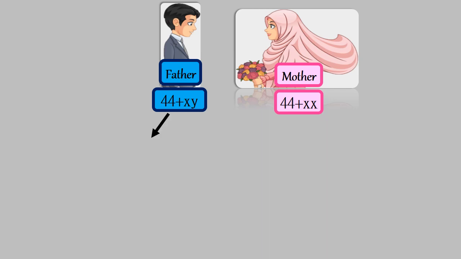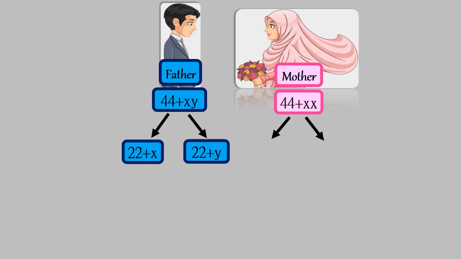After meiosis, the sperm has only half the number of its parents' chromosomes, 22 plus X or 22 plus Y. The ovum will also have half the number of its parents' chromosomes, that is 22 plus X twice.